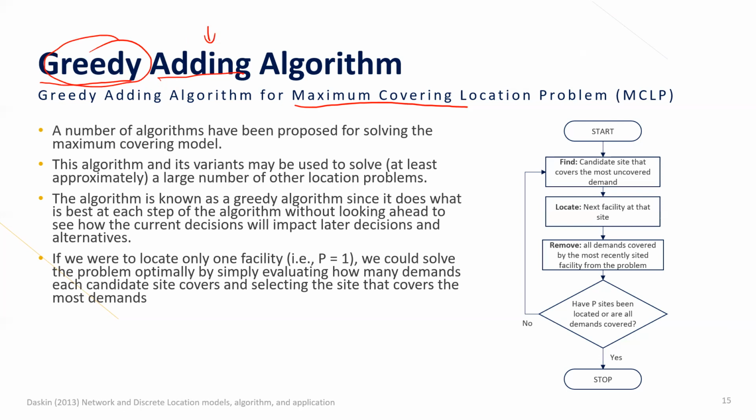I establish that one first, and then I rule out the ones already covered by that facility. In the second iteration, I choose again which one gets the most cover among the rest that is not yet covered, right? That is how greedy works.